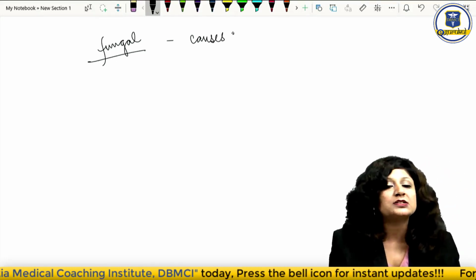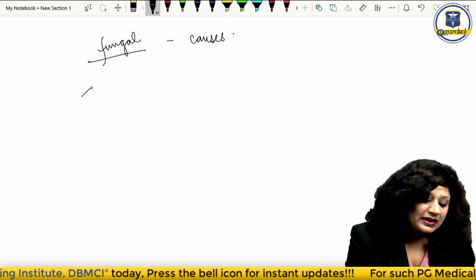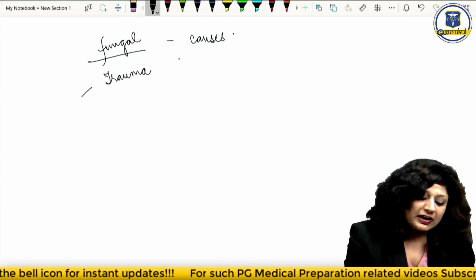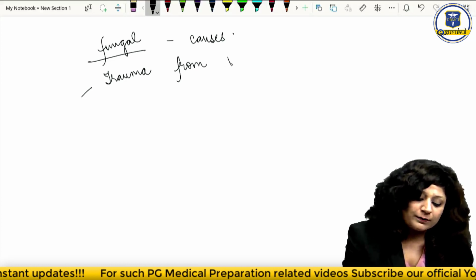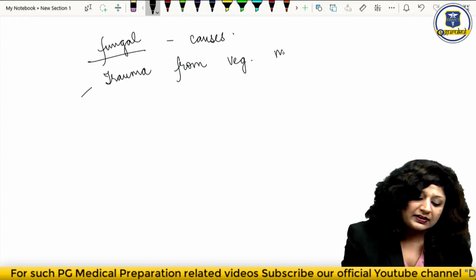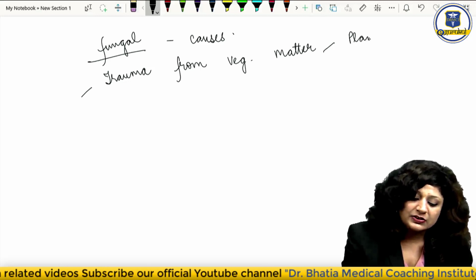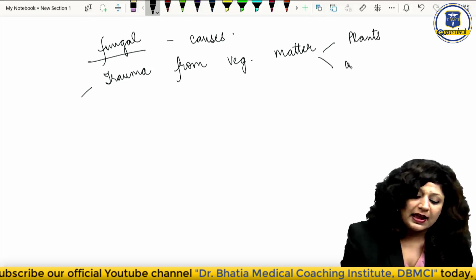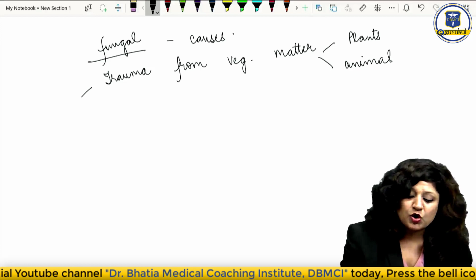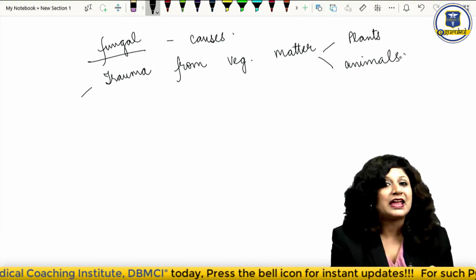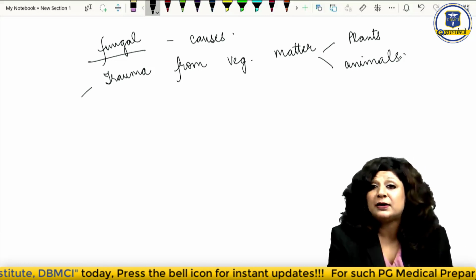The important cause of the fungal corneal ulcer is trauma due to vegetative matter. It can be plants or it can be animals. Whenever it is trauma from live material, it can be a root, a stem, a leaf, or an animal tail.